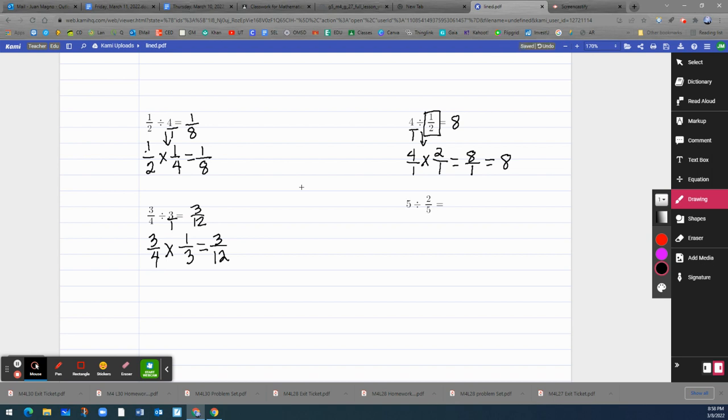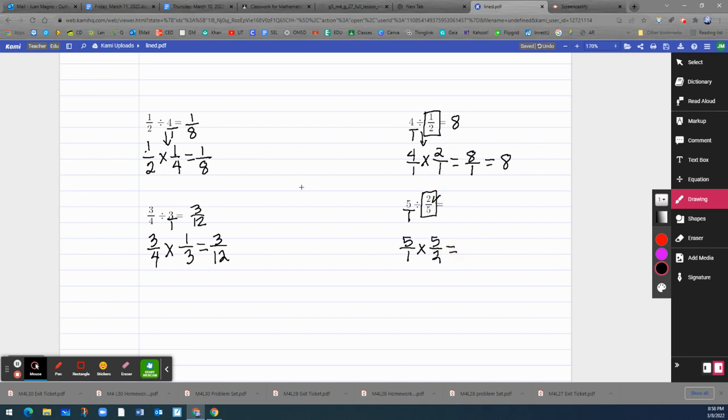The last problem. Once again, since this is a whole number, we're going to give it a denominator. We're going to rewrite 5 over 1. We're going to replace the division symbol with a multiplication symbol, and this number will help us get the reciprocal. So the 5 becomes the numerator, and the numerator becomes the denominator.